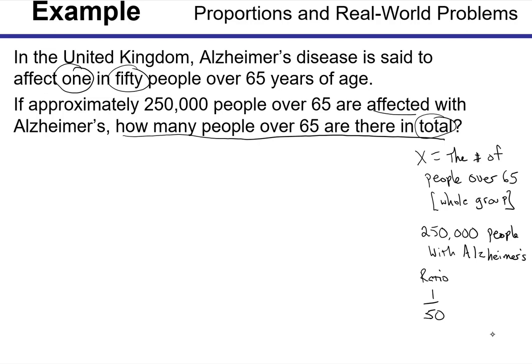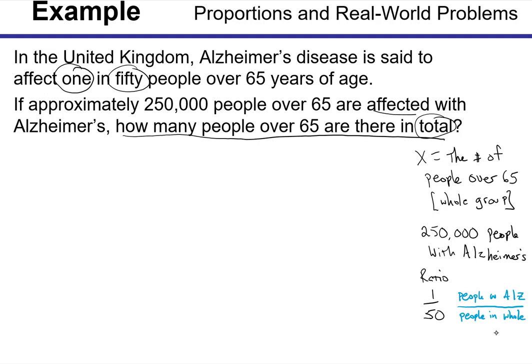We're talking about 1 person in 50 people getting Alzheimer's. So what's going on here? Now we still need to understand what does the 1 mean? And the 1 on top is the number of people with Alzheimer's, and the 50 on the bottom is out of 50 in the whole group.